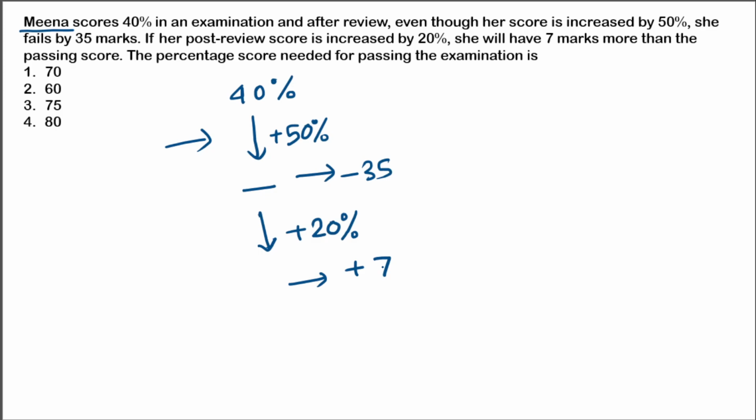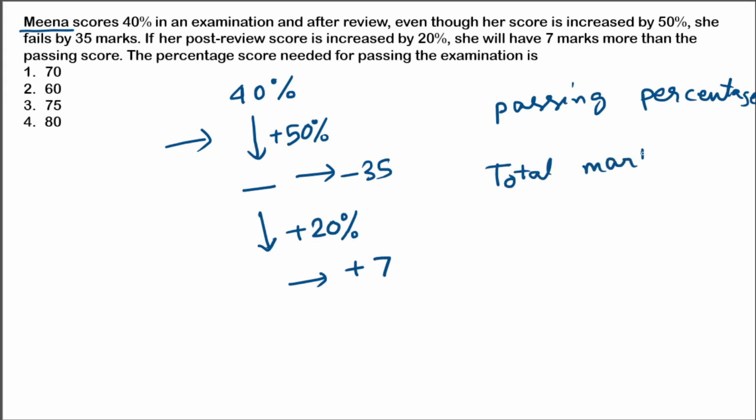Now what is being asked is, what is the passing percentage? So that is the ask basically. Let us assume that the total marks in the examination is X. In the beginning she scored 40%, so her score was 0.4x.